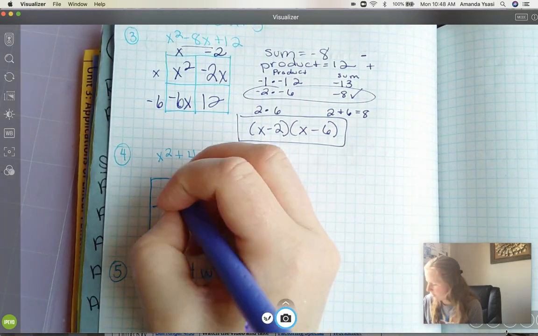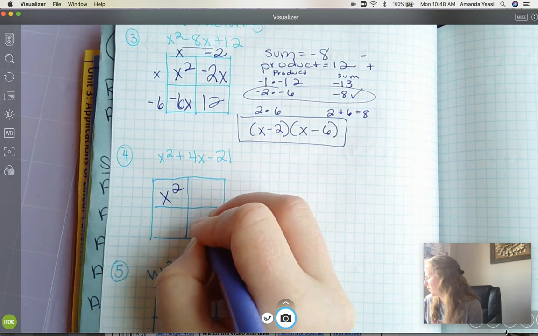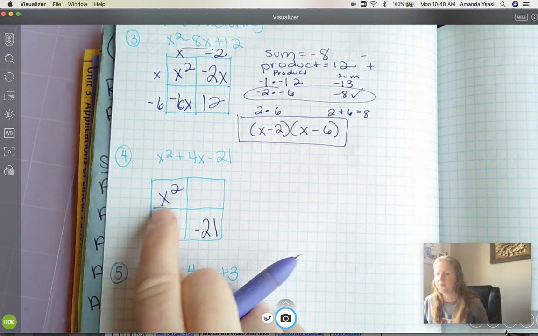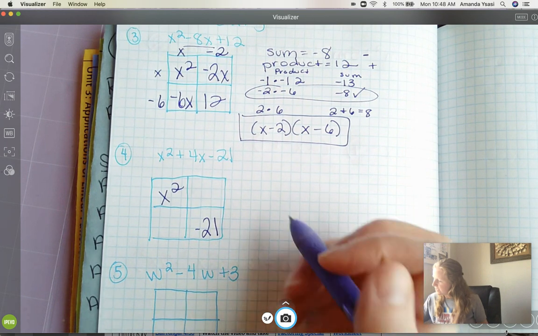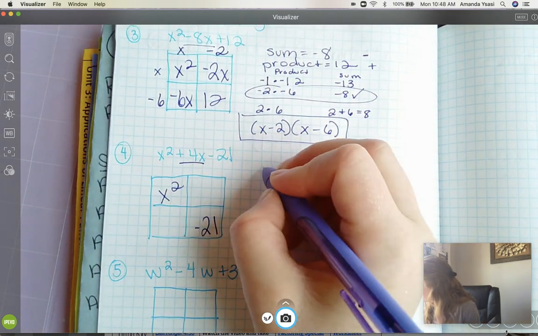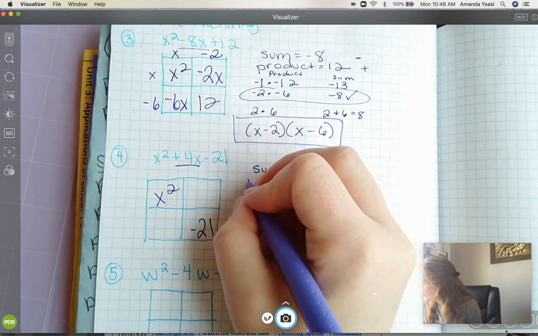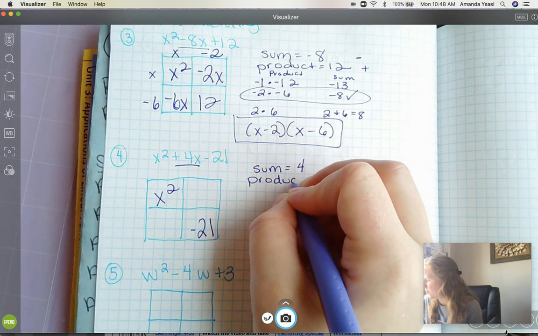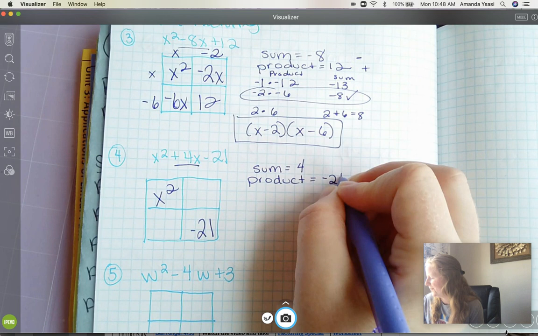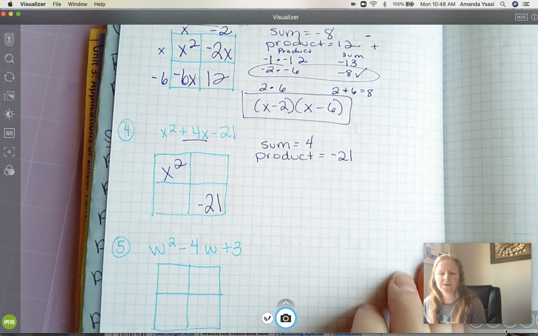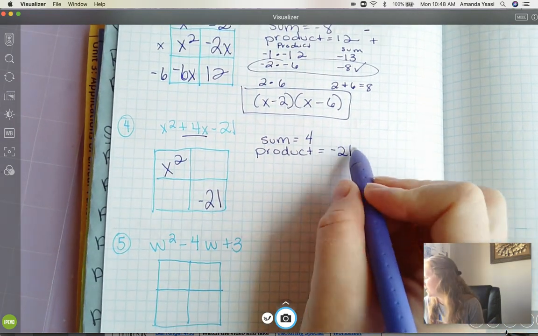So we know that x squared goes here, -21 goes here. So we just need to find what those two are. So this gives us a sum of positive 4 and a product of -21, sorry. All right, so let's think of how to get 21.